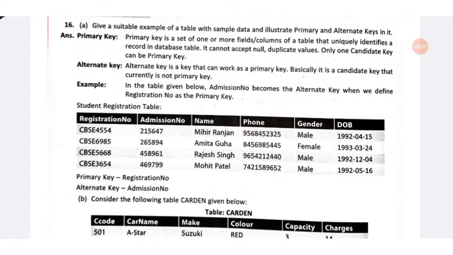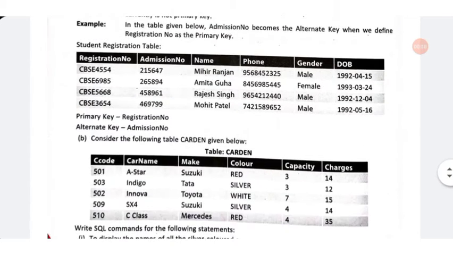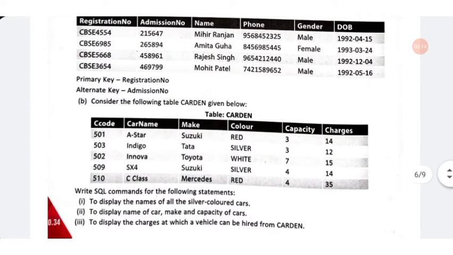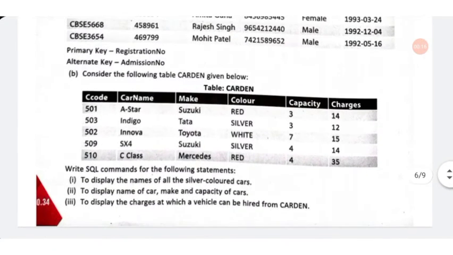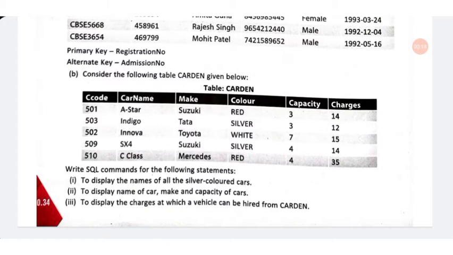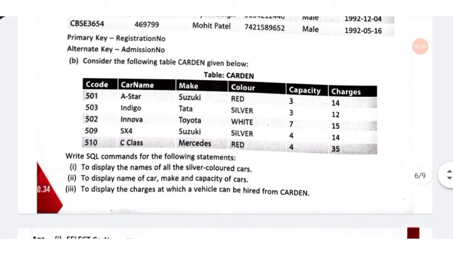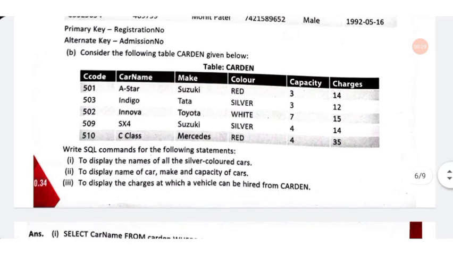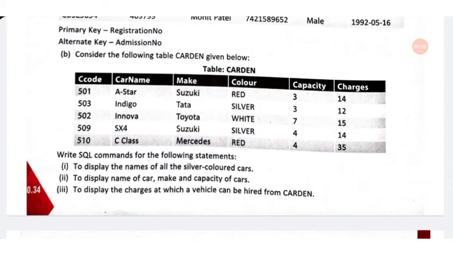So, in question 16 there are two tables, that is the student registration table and the garden table. Consider the questions of this garden table. The first question is to display the names of all the silver colored cars.